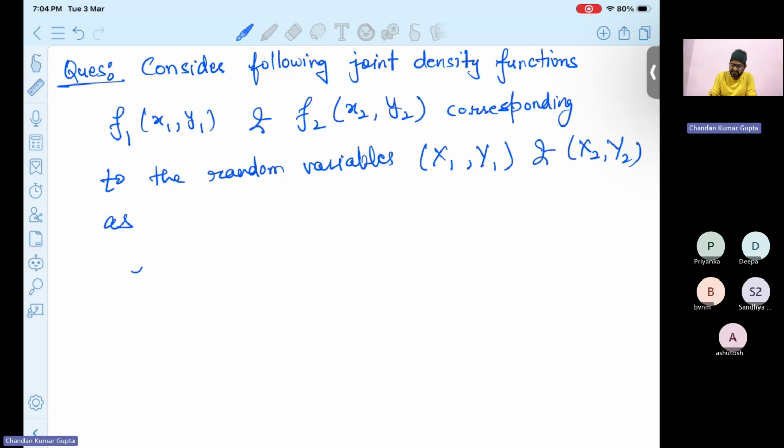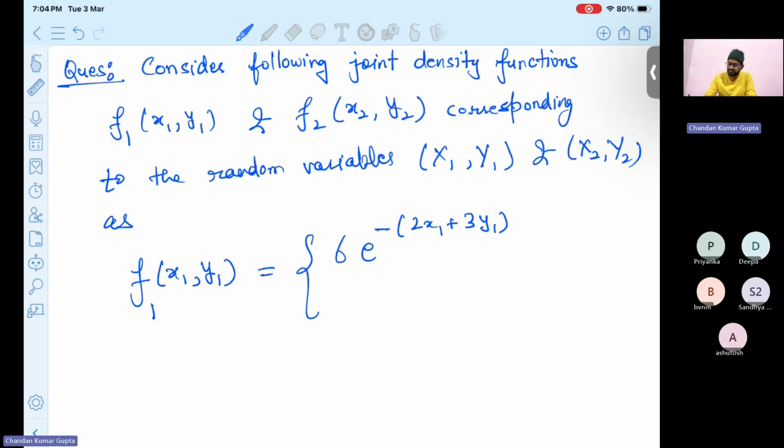Now the PDF is given like this. f1 of x1, y1 comes out to be 6 e to the power minus (2x1 plus 3y1), where x1, y1 is greater than 0 and 0 otherwise.